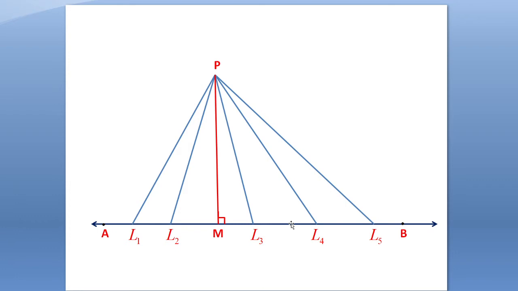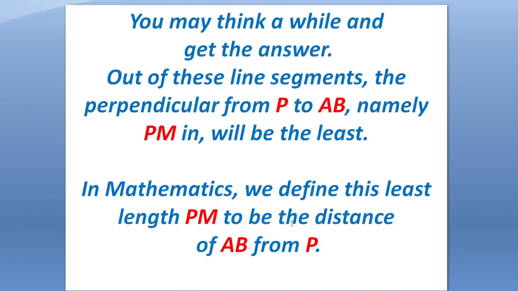So PA, PL1, PL2, PM, PL3, PL4, PL5, PB. Okay. So namely PM is the perpendicular from P to AB, and PM will be the least.